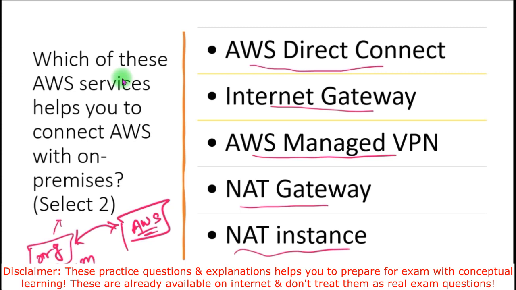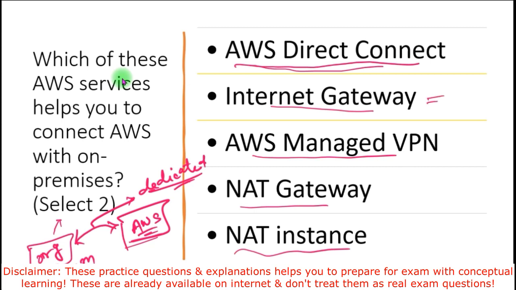Let's talk about them one by one. AWS Direct Connect. Yes, this is the service which helps us to connect these two, and it's a dedicated connection. That means AWS will install the cables between your organization and AWS, so we will have proper high performance connectivity, like a LAN connection we can say, once it is established. So we can access AWS resources easily from here. Next, we have Internet Gateway.